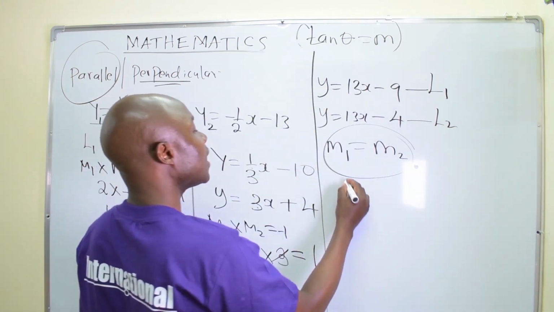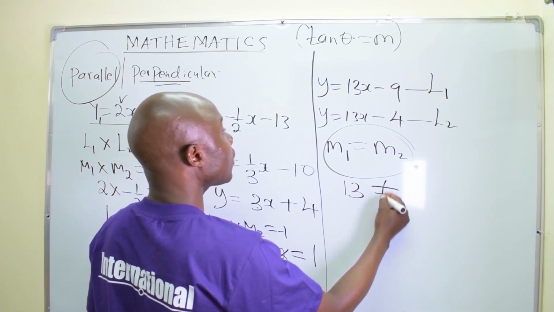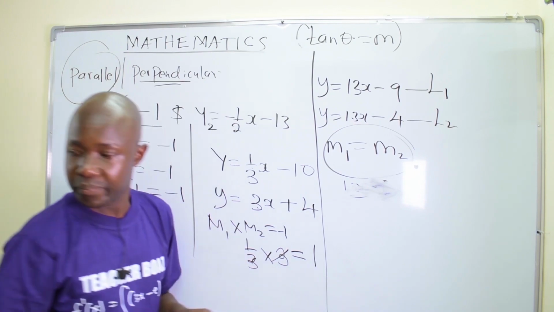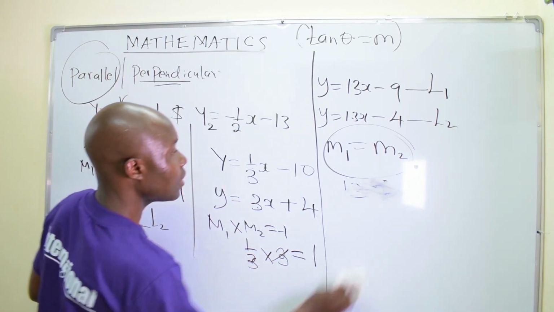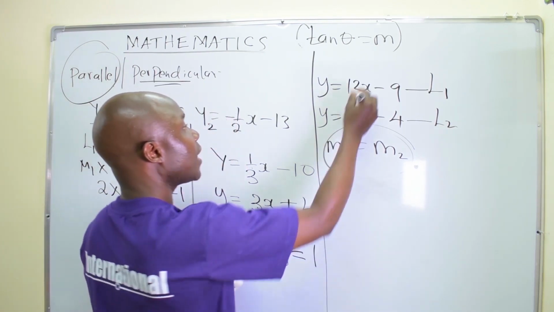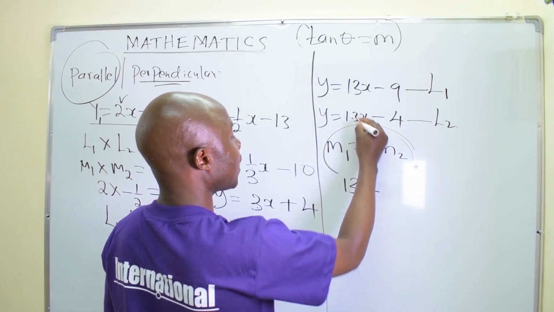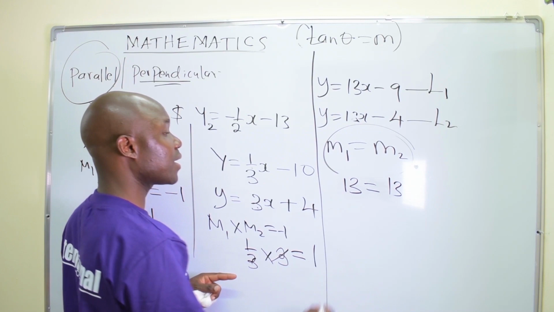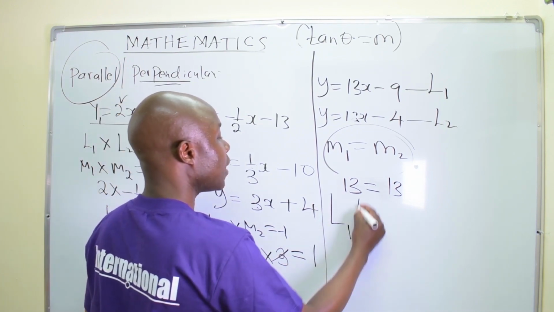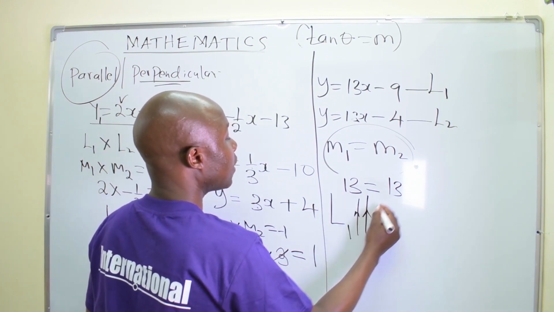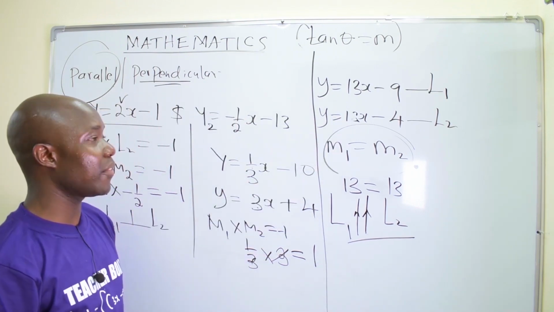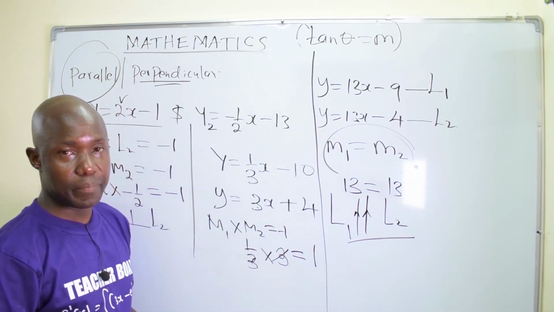If you check here, the gradient here is 13 and the gradient here is 13. So the two lines are parallel. You can write mathematically line 1 is parallel to line 2. And the rule is very simple: they can only be parallel when the two gradients are the same.